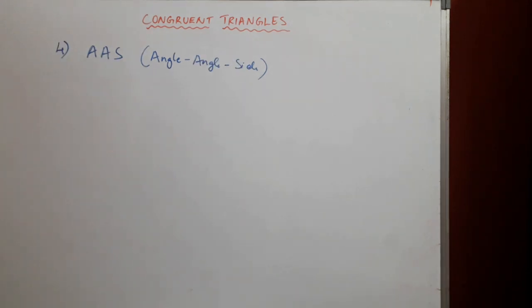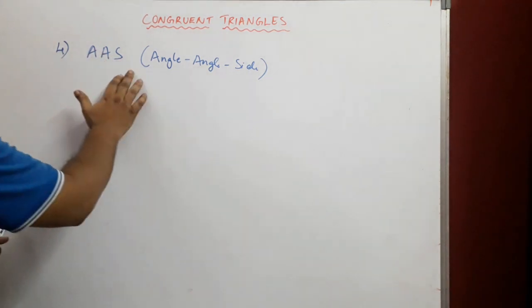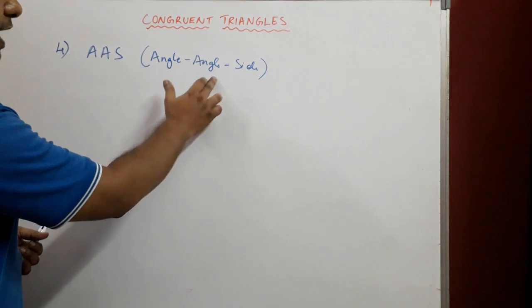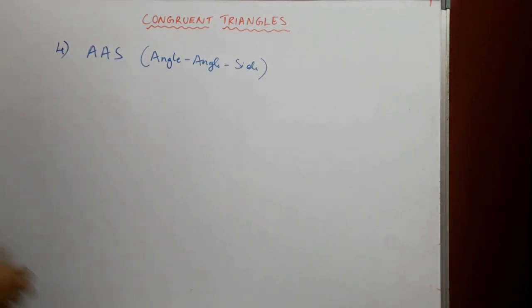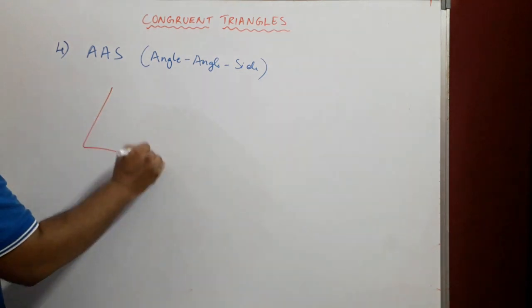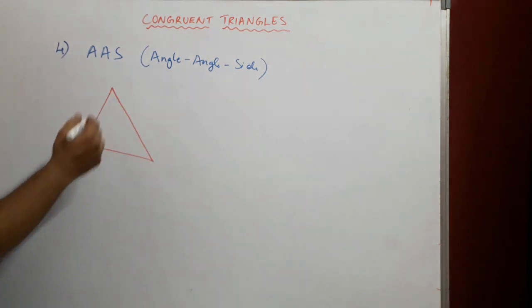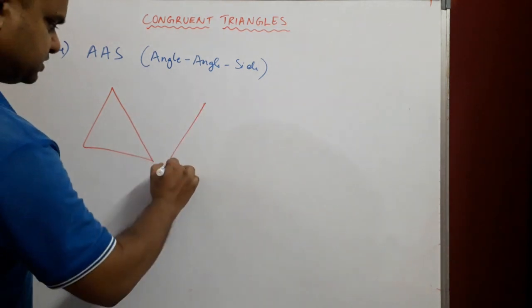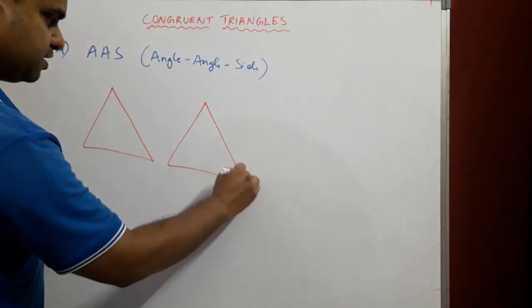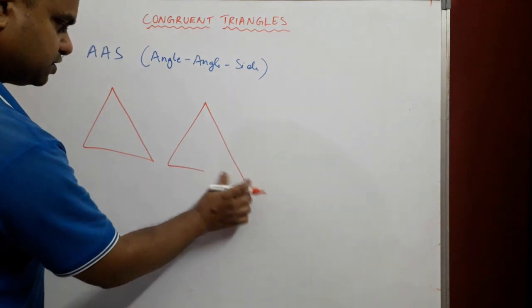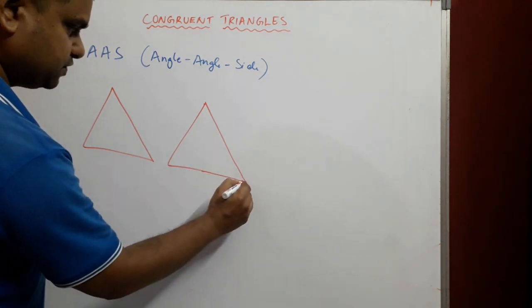The fourth way to prove two triangles congruent is AAS, or angle angle side congruence rule. In this case, you need to have two congruent angles, which are side by side, adjacent or neighboring angles, that are equal to the corresponding neighboring angles of the other triangle.